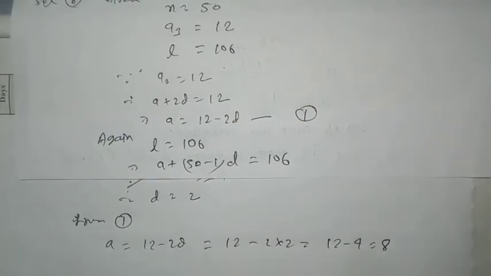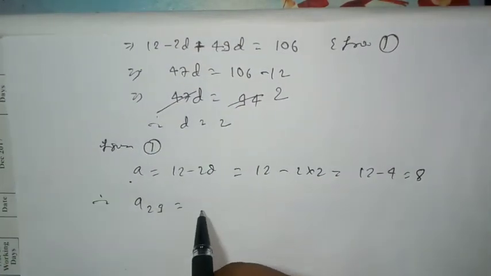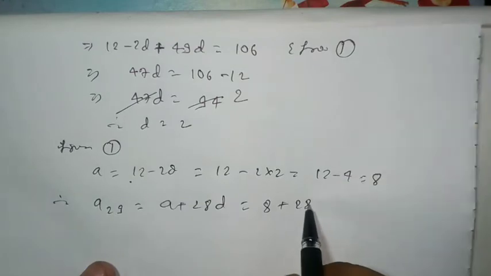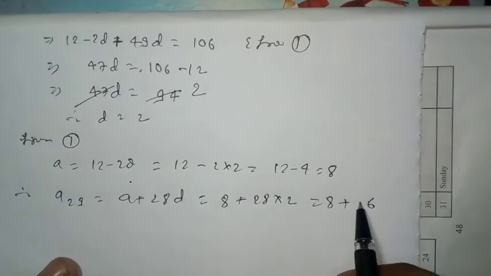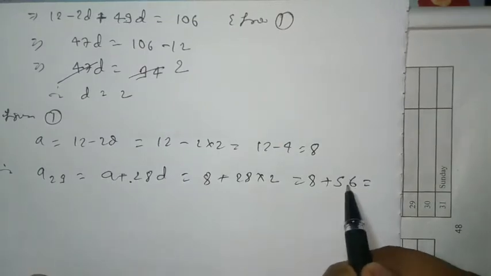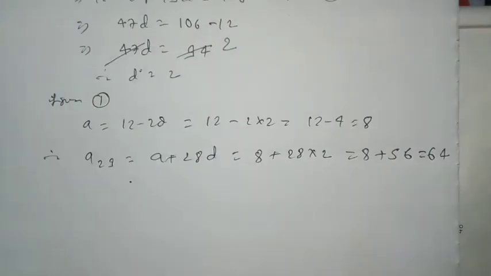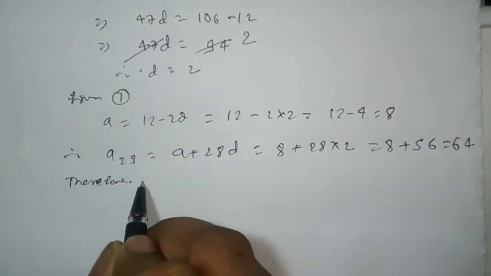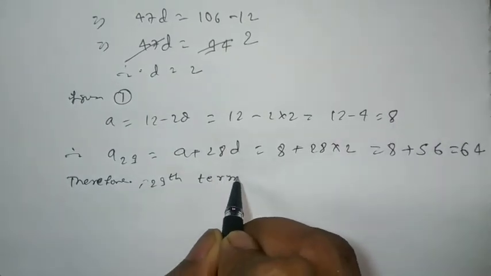Now, therefore, A29 is equal to A plus 28D, is equal to 8 plus 28 into 2, is equal to 8 plus 56, is equal to 64. Therefore, the twenty-ninth term is 64.